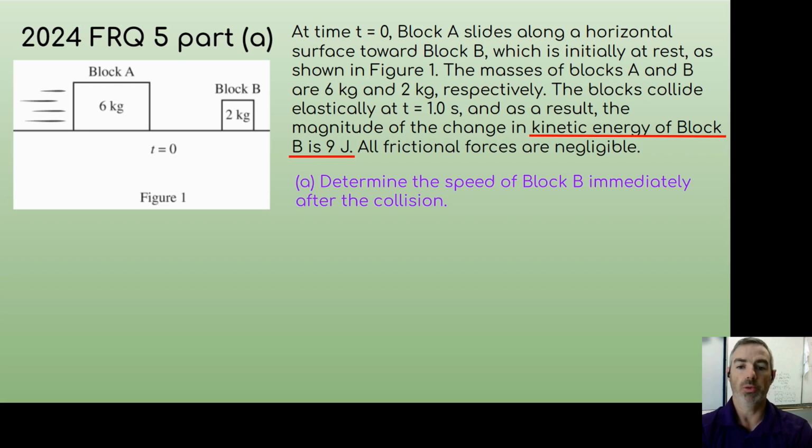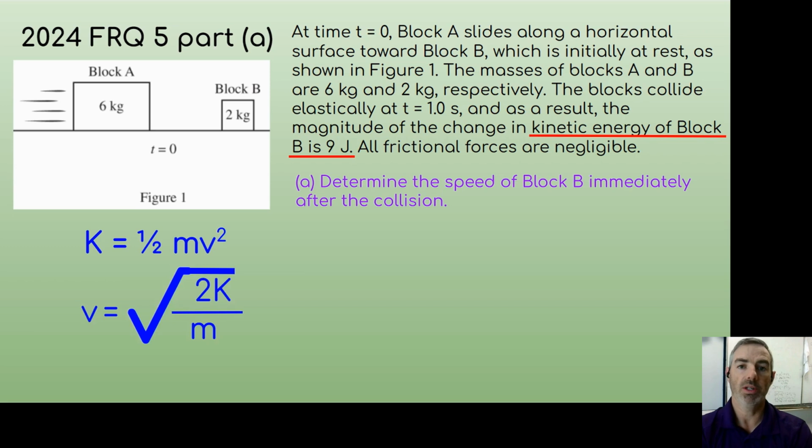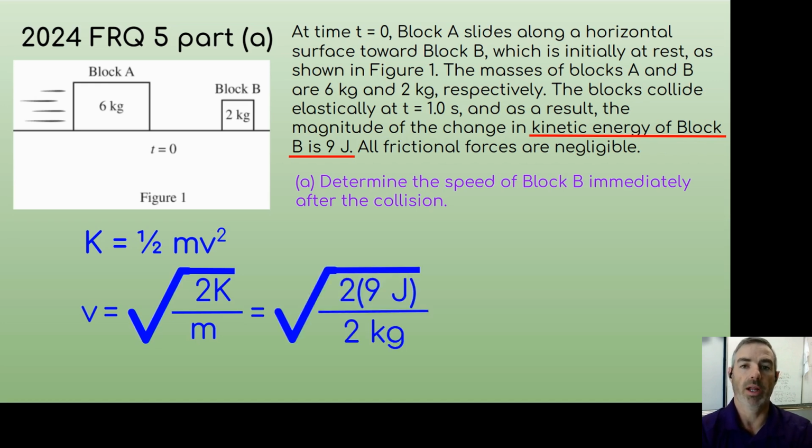Because we know it has 9 joules and we know its mass, we can simply use the kinetic energy equation, K equals 1/2 mv squared. We can rearrange that equation and solve for velocity, which is equal to the square root of 2 times the kinetic energy divided by the mass. Then we substitute the values in, 2 times the kinetic energy of 9 joules divided by 2, and that gives us a velocity of 3 meters per second. So block B is moving at 3 meters per second after the collision.